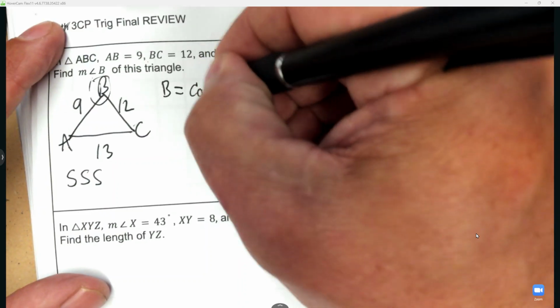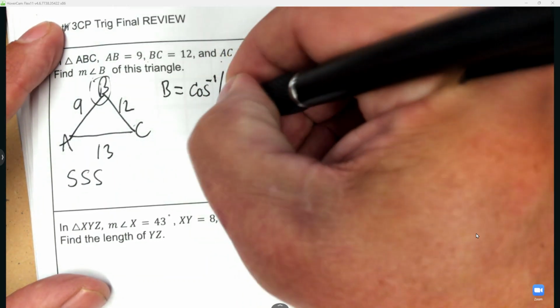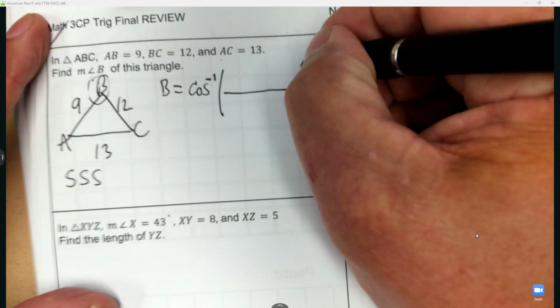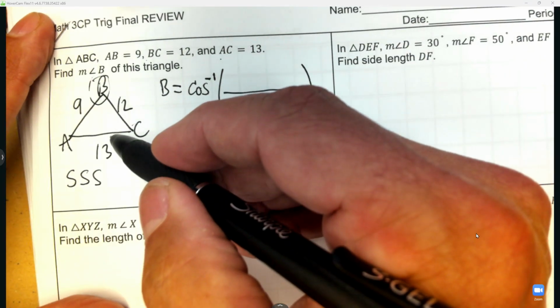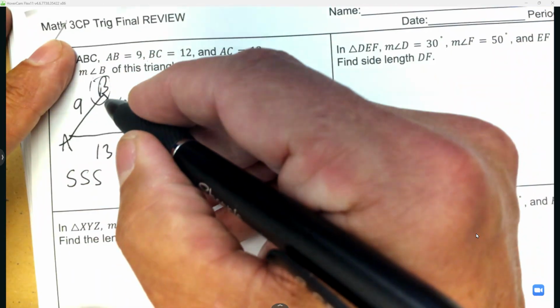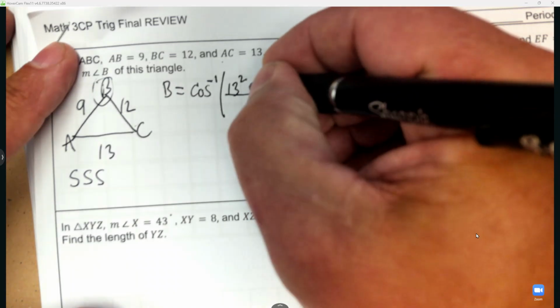So to find a missing angle, we're going to do inverse cosine, and we're going to create a ratio right here inside. Now, the first side has to be the side opposite of the angle you're looking for. So what side is opposite of angle B? It has to go first.